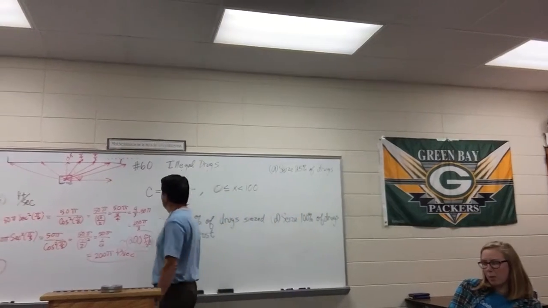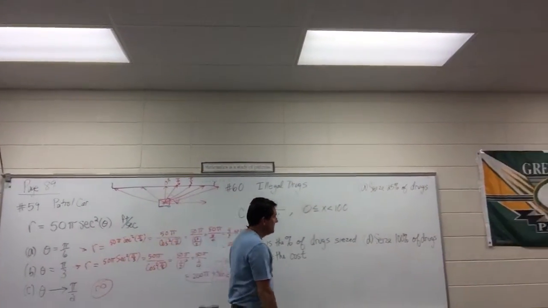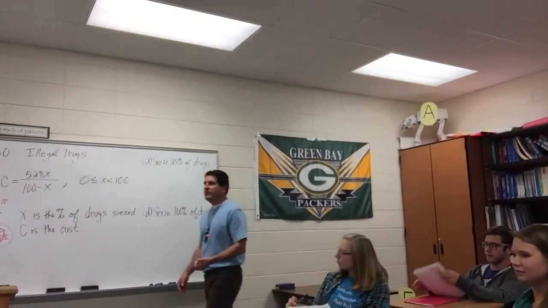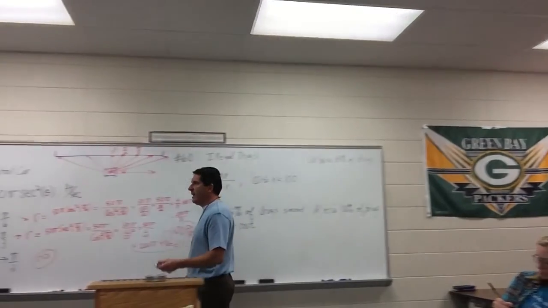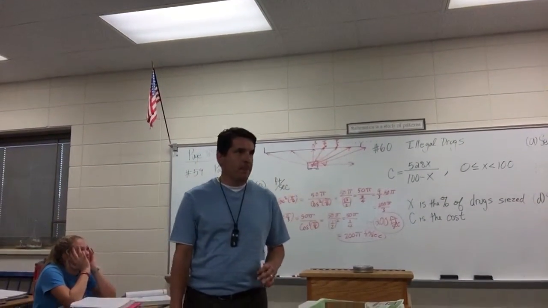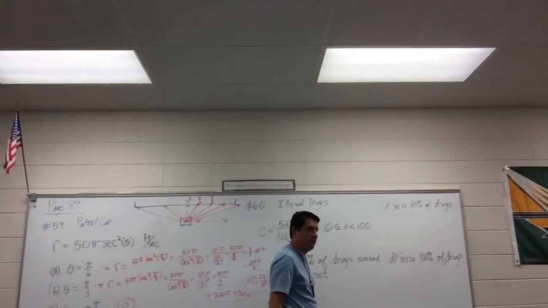Okay, and the last one was number 60. It's all about illegal drugs. So there's always this problem in government where they say drugs are bad, we should take them off the streets. Okay? But everything costs something.